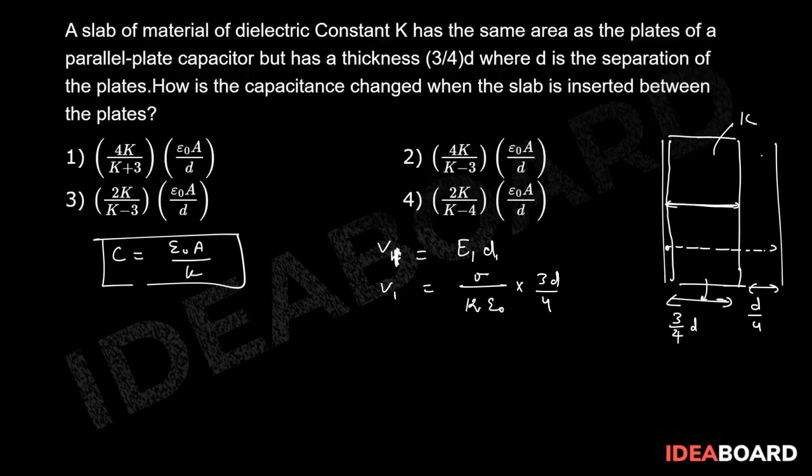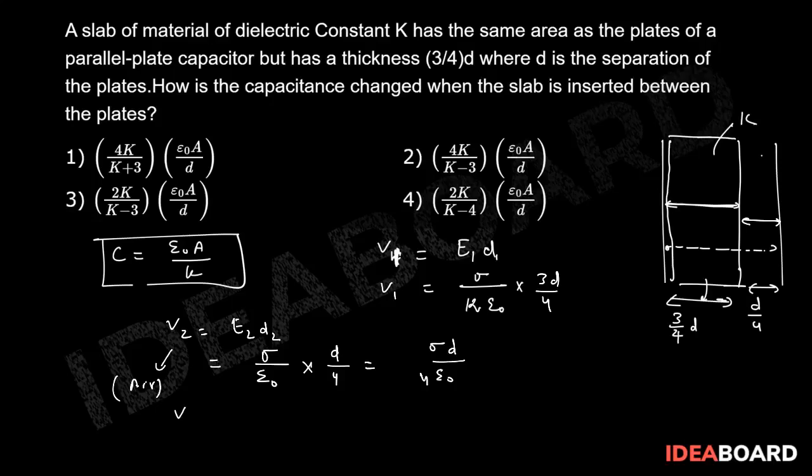Now from there we can calculate the value of V2, which is for the air part. So this will be E2 into D2, and E2 will be nothing else but sigma upon epsilon naught in air, and D2 will be D by 4. So this will be sigma D by 4 epsilon naught. Now what is the total potential drop?